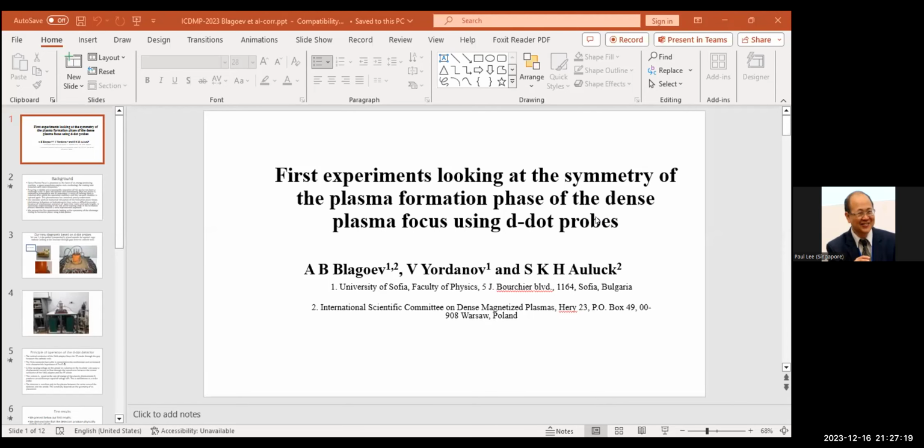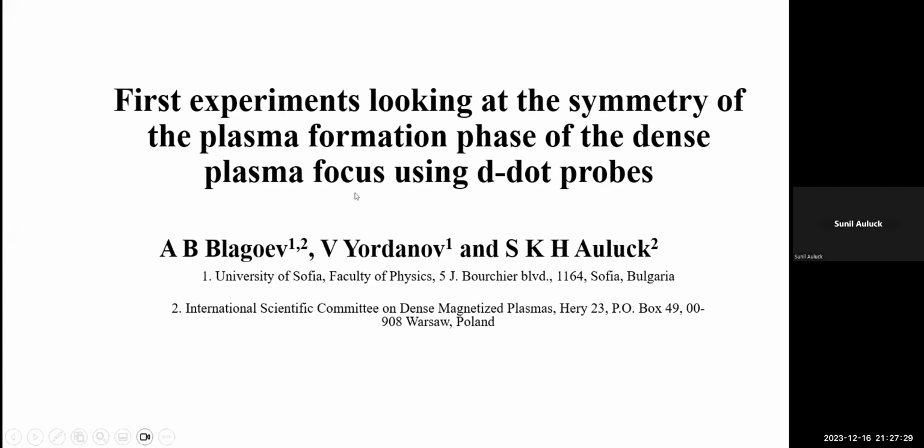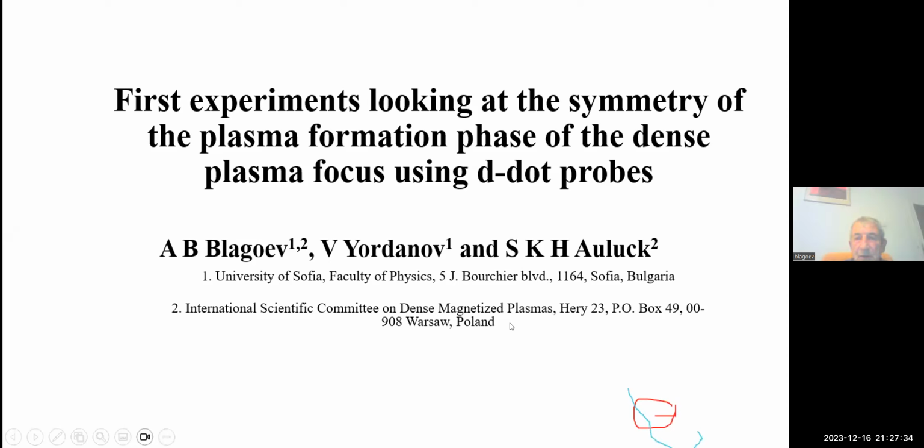So on my PC, it says screen 1, screen 2, and it shows some of the windows like the web browser or the PowerPoint. This one? Do you see it? Yes. Now it is there. Now you click on this one. Okay, now it is there. Good.